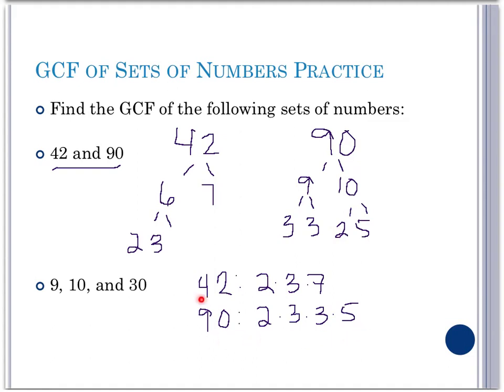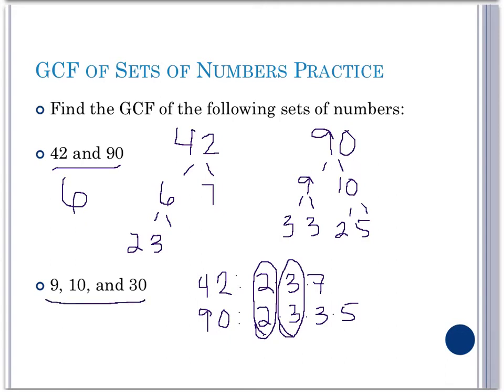So I've written these prime factors out. Now, again, I want to find what is that greatest common factor. There's a 2 and a 3 in common with these numbers, and that's it. So the GCF of 42 and 90 is 6.